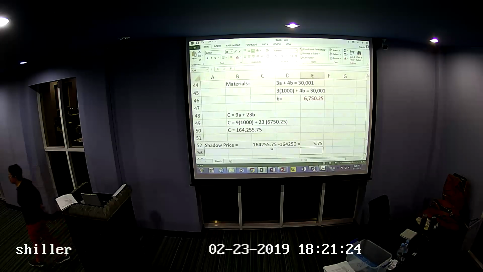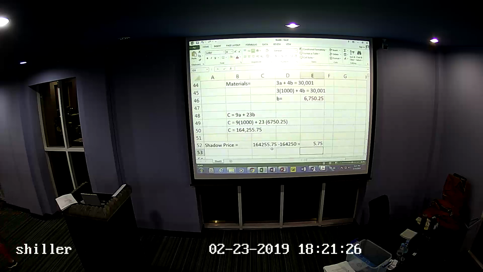Yes? Shadow price. Which means with 1 kilogram of material, I make additional 5.75 of contribution. This is a contribution, correct?